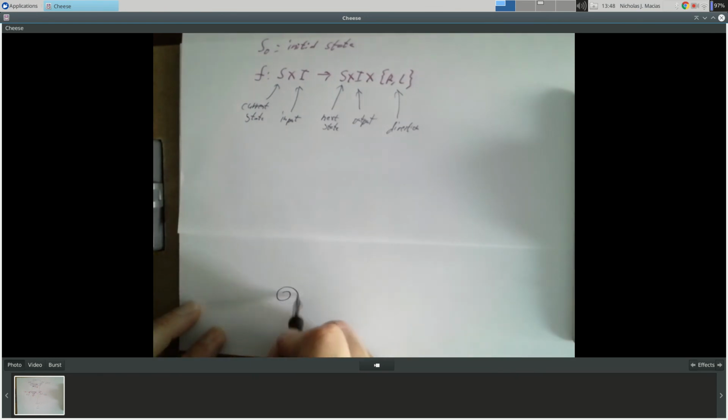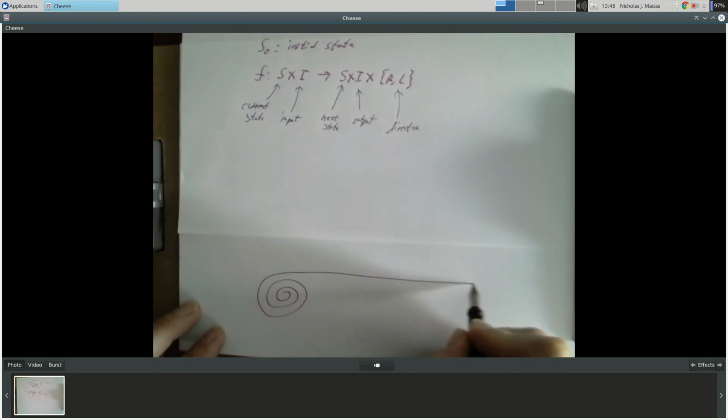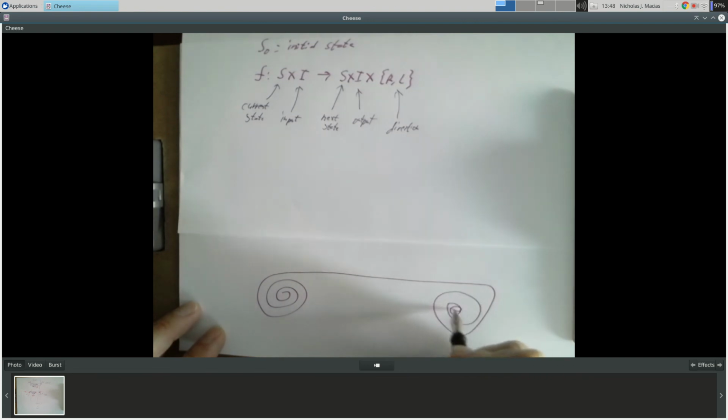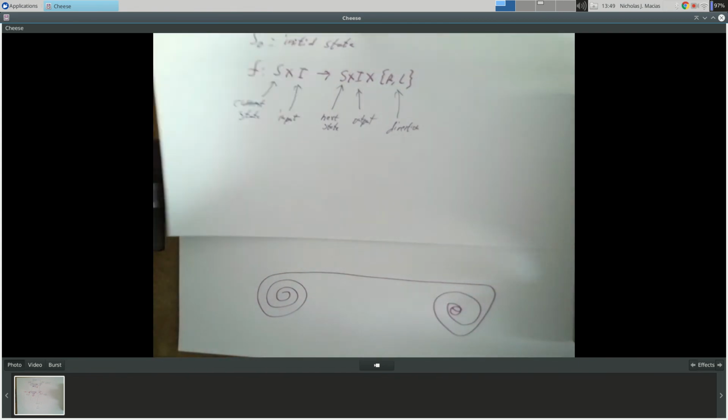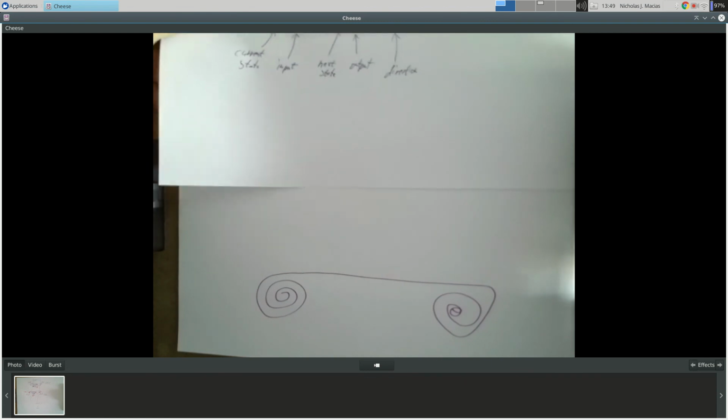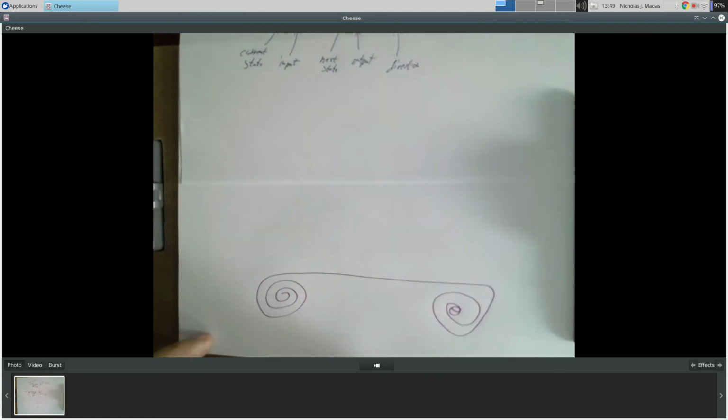So that's the fancy sounding mathematical description of a state machine, but let me draw you a picture of it instead. Picture a piece of magnetic tape, or maybe paper, and it's infinitely long, but it's coiled up on these two spools, and this tape can move left or right.